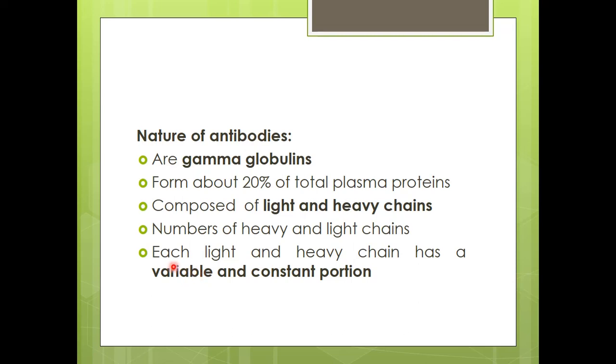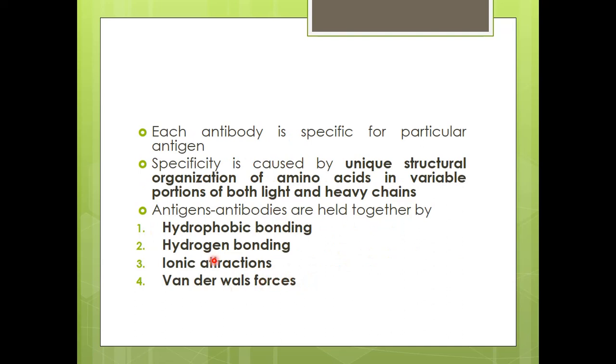Now, each light and heavy chain has a variable portion and a constant portion. The variable portion of the antibody binds with the antigen.